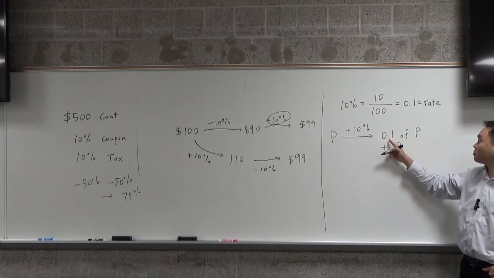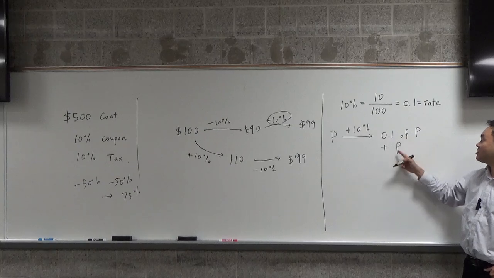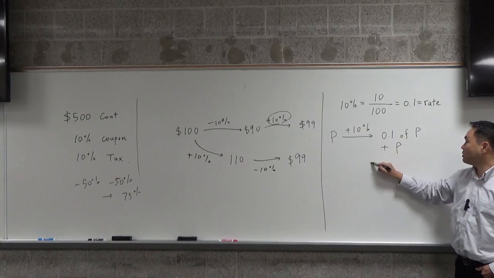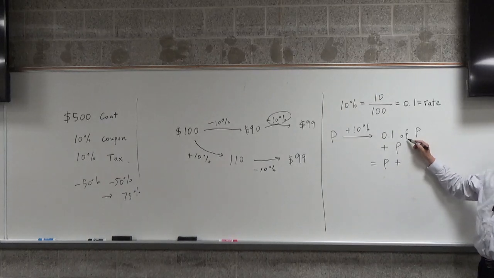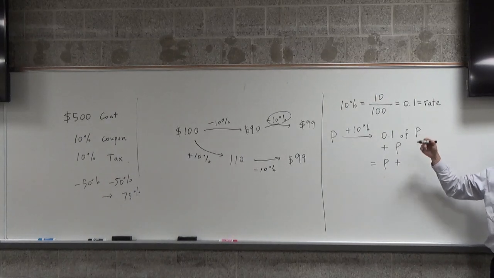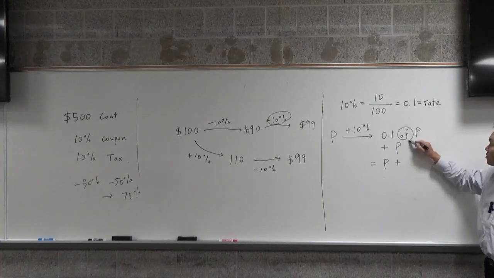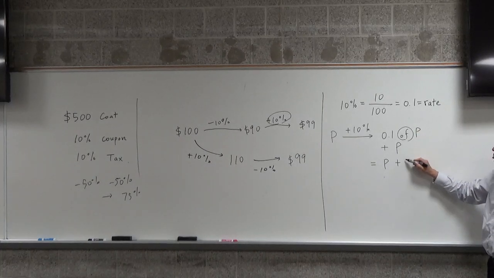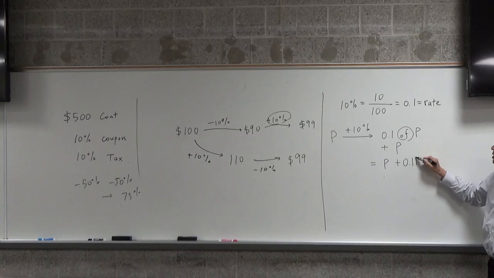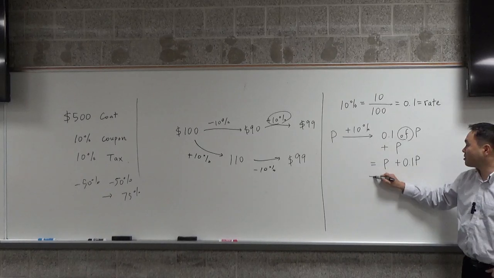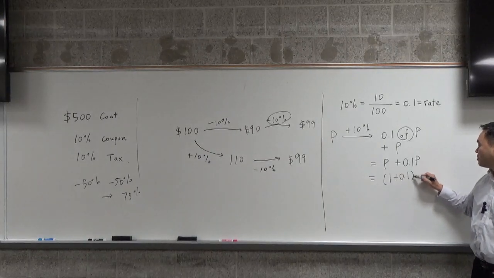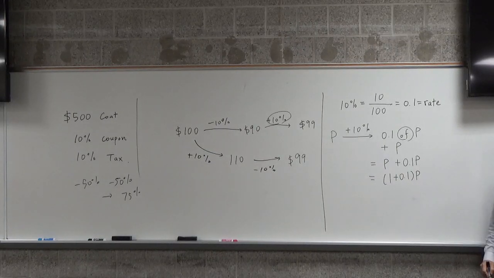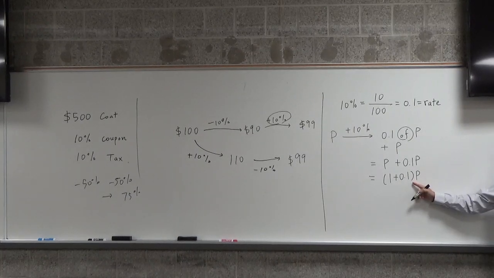Which means it's P plus, did you know that of means multiply? When you solve word problems, if you see the word of, often it's multiplication. So you do 0.1 times P, and that ends up being (1 + 0.1)P. Is that okay? That's how you increase by 10%.